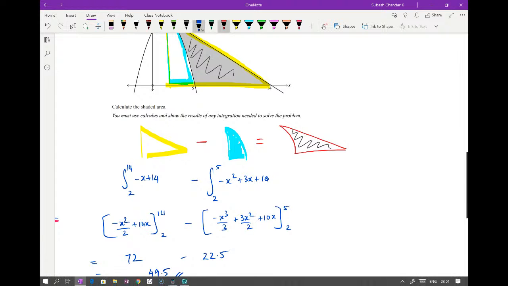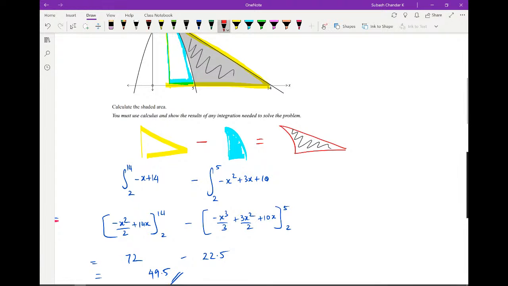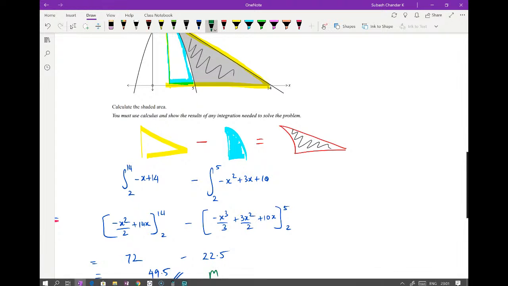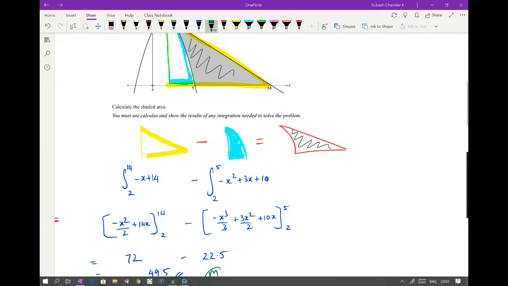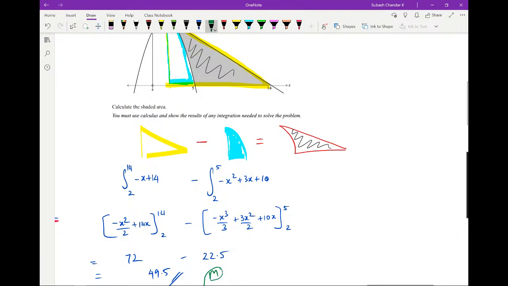So for the grades, that's going to be a merit. Correct integration of both expressions gets you an achieved. So you get both of those right, you get an achieved.